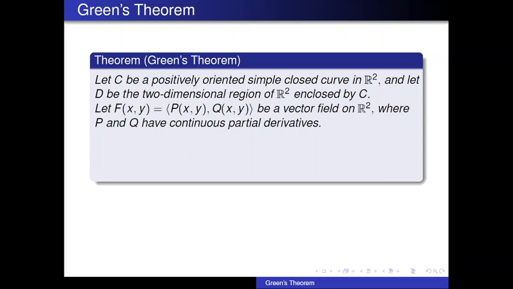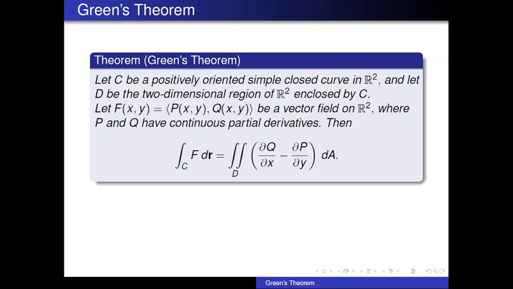And now let F be a vector field. So we have P of x, y in the first component and Q of x, y in the second component. These are both scalar valued functions now. And suppose, too, that those functions P and Q have continuous partial derivatives.